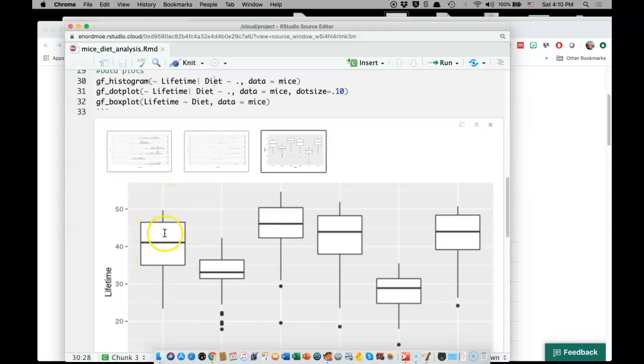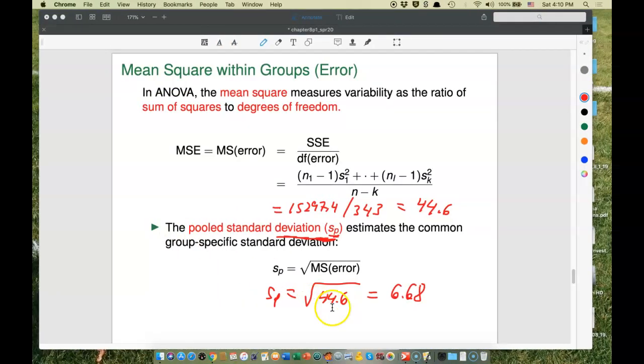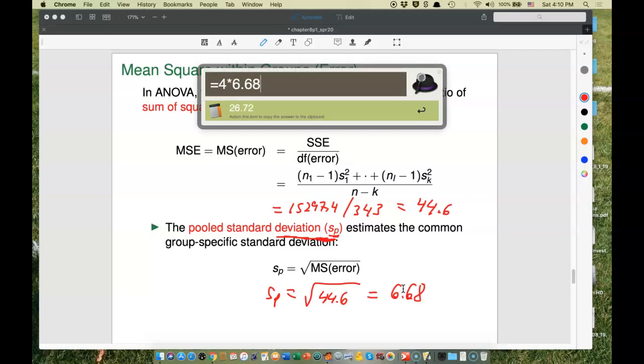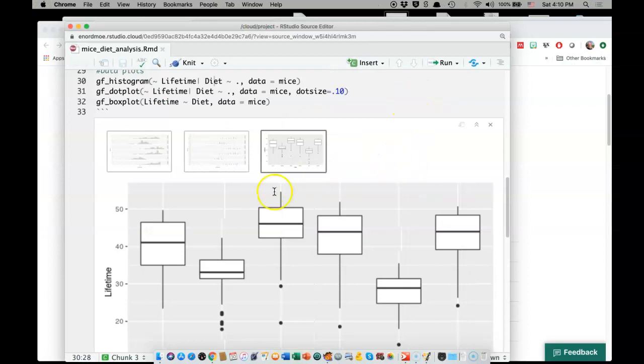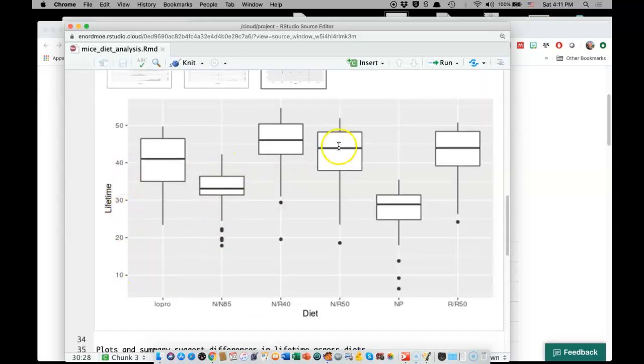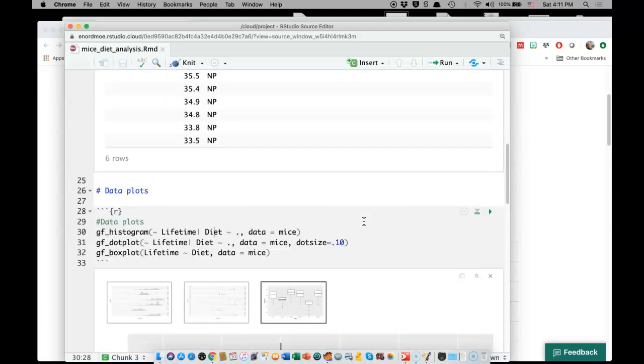So that's a spread of, well, if we just took 4 times this, so 4 times 6.5-ish, well, let's just do it. 4 times 6.68, we get 26.7. Let's round up to 27, and think about that being the range of 95% of the data. Well, that doesn't do too badly, right? 27, the range here was something close to that. And you can look at the scale along here and see that 27 for a range of 4 standard deviations seems reasonable to encompass about 95% of the data.